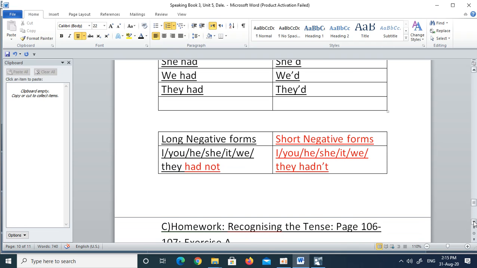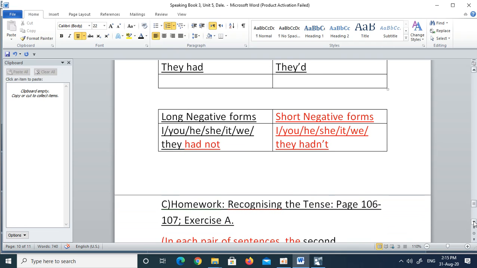In the long form, the negative form, it is always had not, and it always becomes hadn't. So I had not, you had not, she had not, it had not, all become I hadn't, you hadn't, we hadn't, they hadn't, she hadn't. They all abbreviate to that form, hadn't. Quite simple. Had not goes to hadn't in the negative forms.